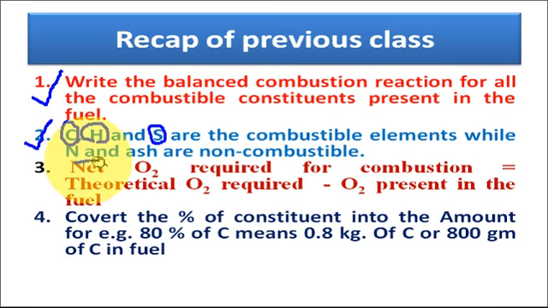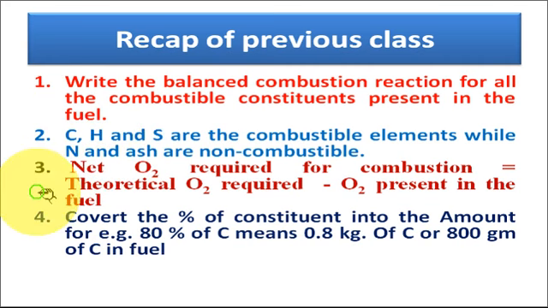Nitrogen and ash are not considered as combustible substances. Third, the net amount of oxygen required for combustion is equal to the theoretical oxygen required minus oxygen present in the fuel.